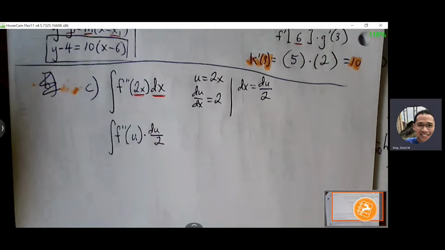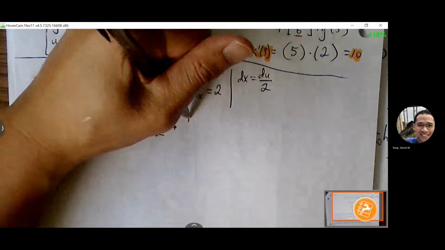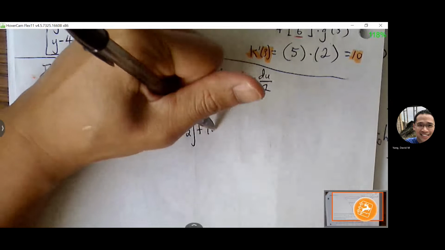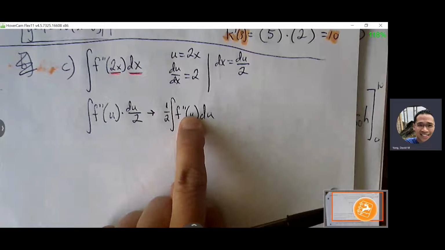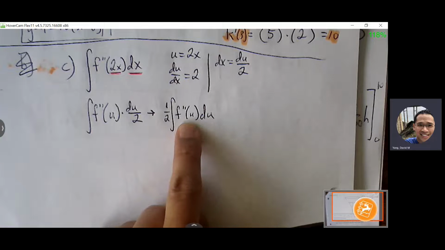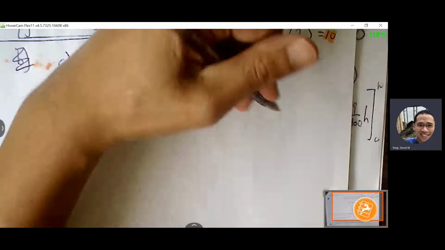Pull the 1/2 out in front. So now it's nice and clean. I took care of that 2x, and now I'm going to take my indefinite integral. So I know f double prime is going to rise up to f prime.